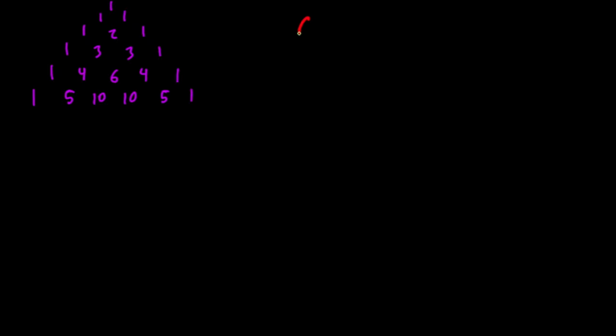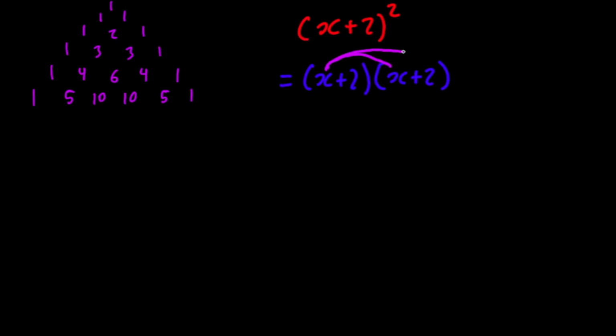So for example, if you have x plus 2 squared, in our previous videos, we solved it using the following method. We had x plus 2 into x plus 2, and then we expanded x times x, x times 2, 2 times x, 2 times 2, and we got x times x, which is x squared, plus 2x plus 2x plus 4.